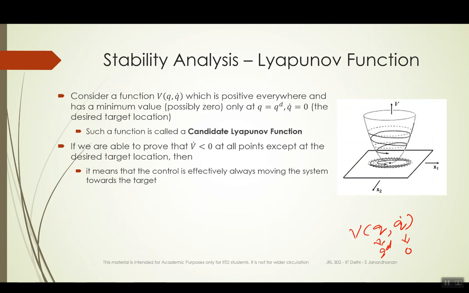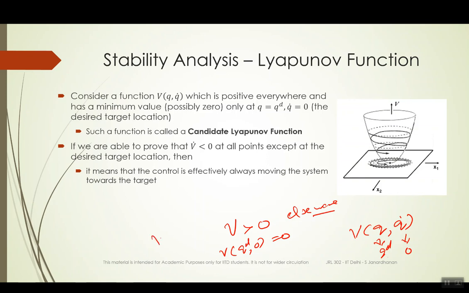Okay, and what we want is to construct a function that is greater than 0 at all points except at this point. At qd, 0, it should be equal to 0, and it is greater than 0 everywhere else.